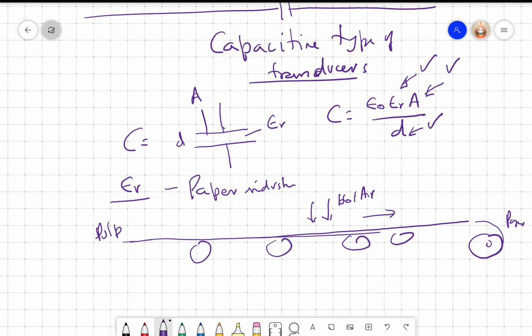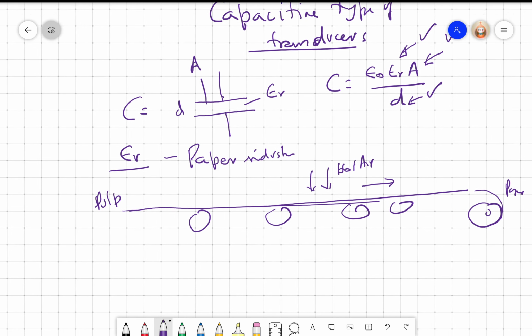So I'll have to ensure that the temperature is not high enough to burn the paper. At the same time, I move the paper with a particular velocity and remove all the moisture inside the paper. So how do we sense whether there is moisture inside the paper?